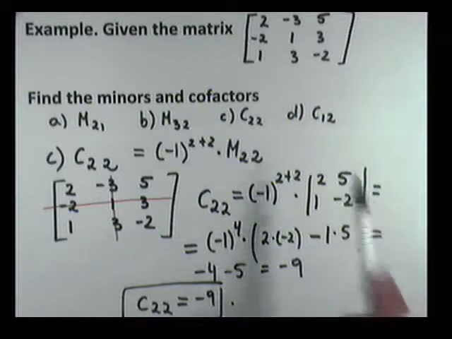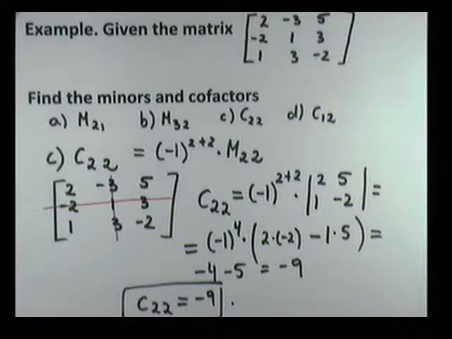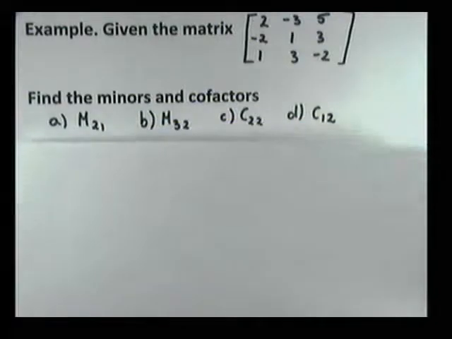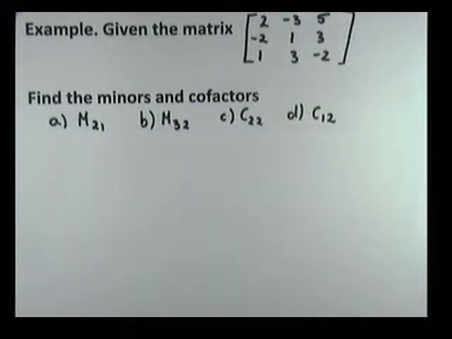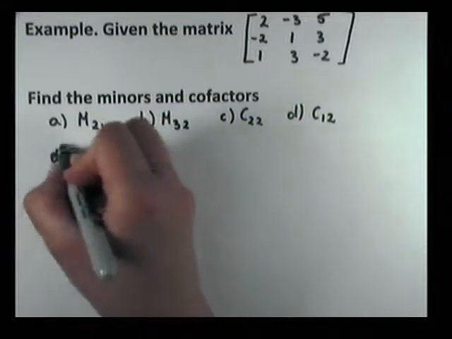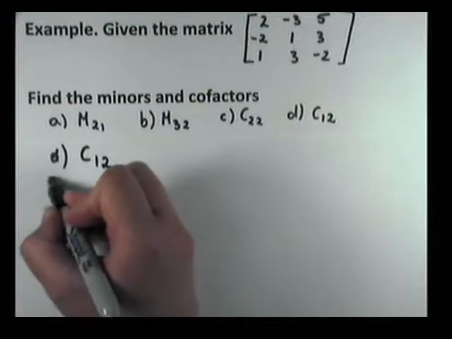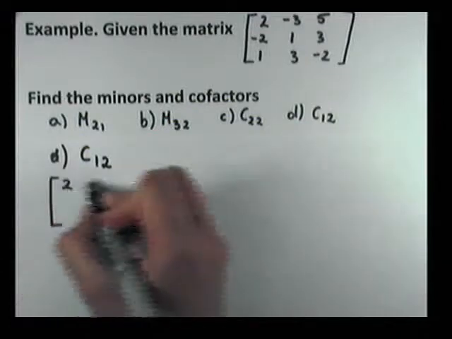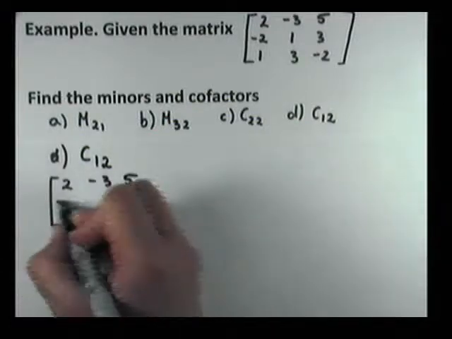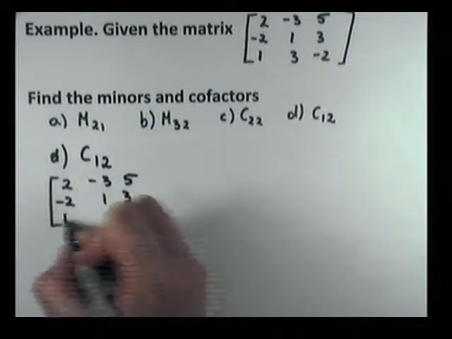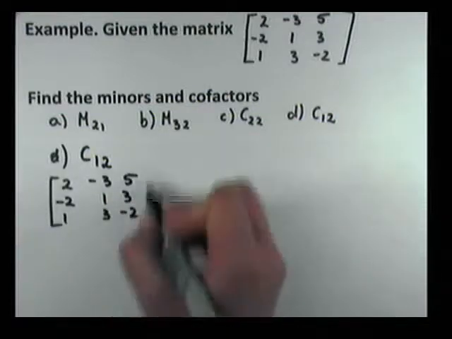Go ahead and try to find the cofactor of 1,3 in a similar way. Now the cofactor C1,2: copy the matrix, 2, minus 3, 5, minus 2, 1, 3, 1, 3, and minus 2.